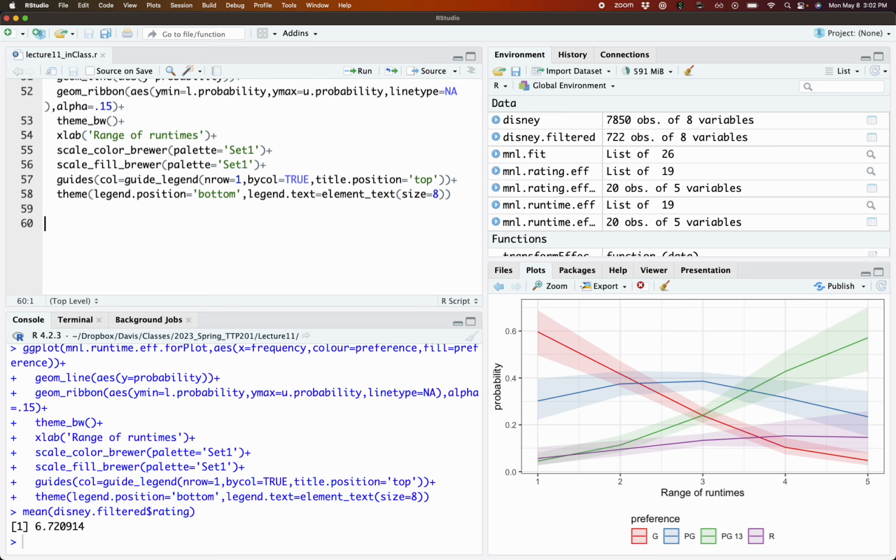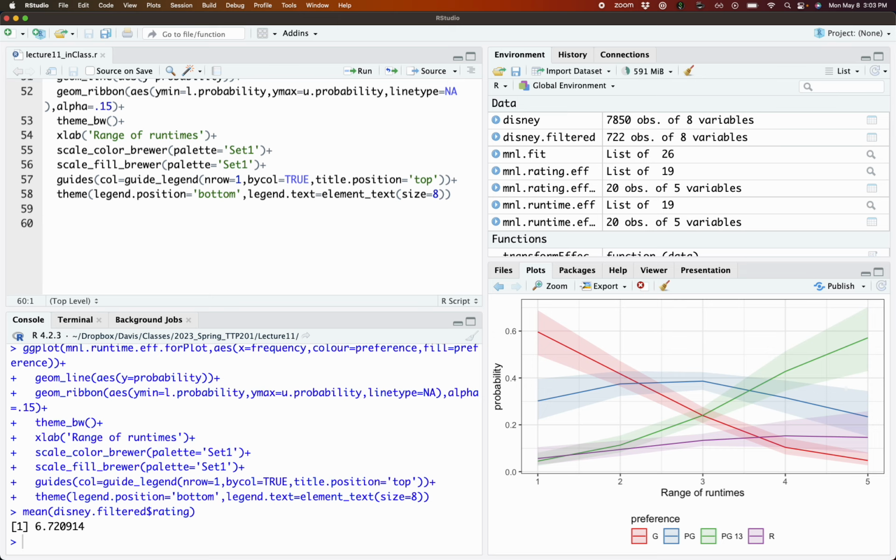I'm asking, for a given runtime, I'm a movie executive, and I fix a runtime, which means now I have a set of probabilities related to the rating of a movie. Right, yes. That's where I'm at.